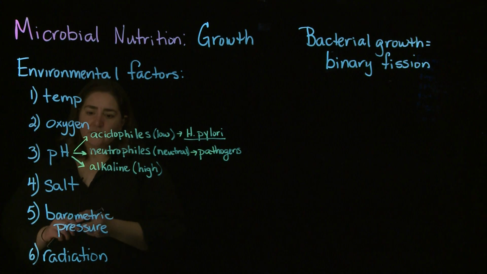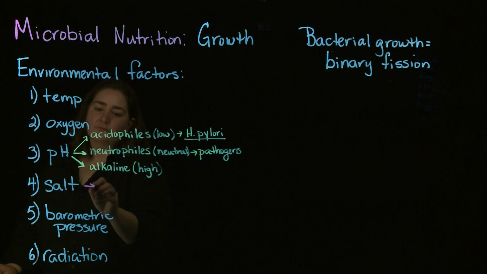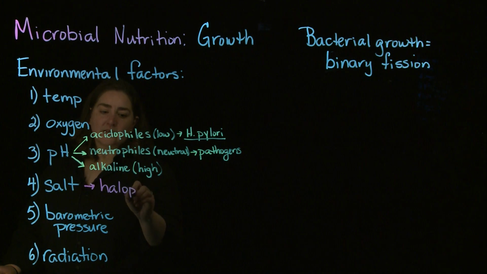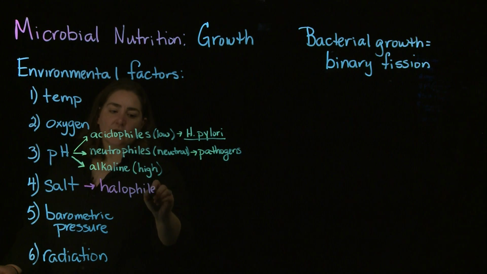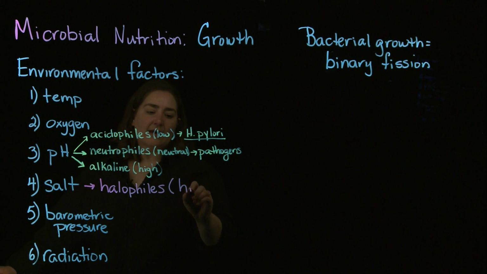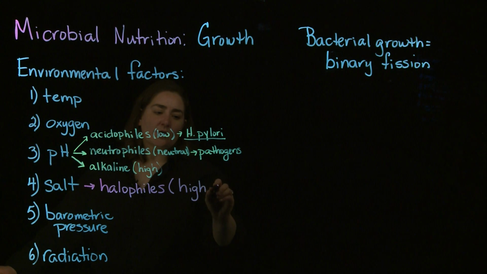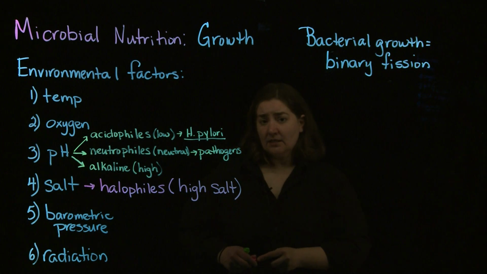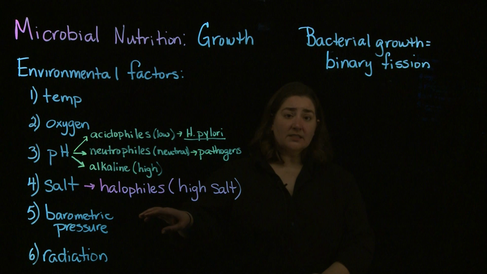Salt is another component that can impact microbial growth. Typically what we're talking about there are going to be halophiles. Halophiles are bacteria that grow in high salt concentrations. So if you go to the Great Salt Lake in Utah, there are bacteria that are living within that lake, okay?